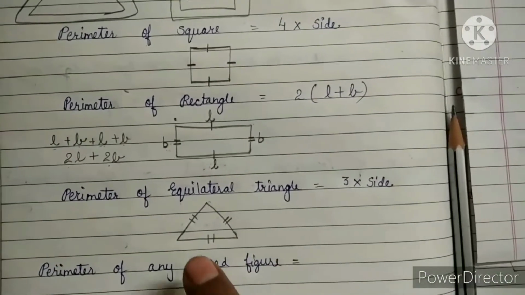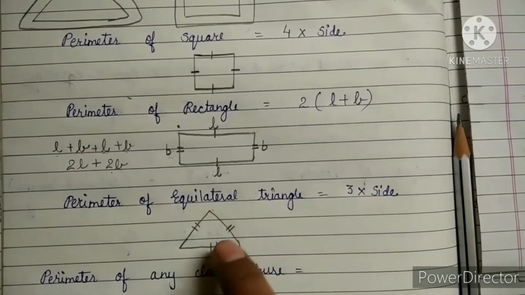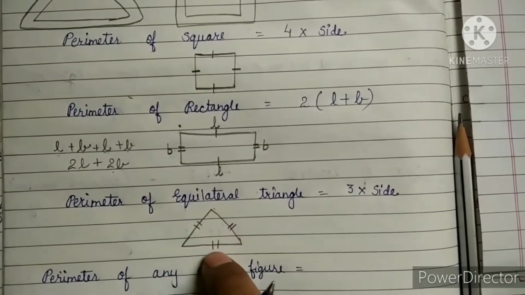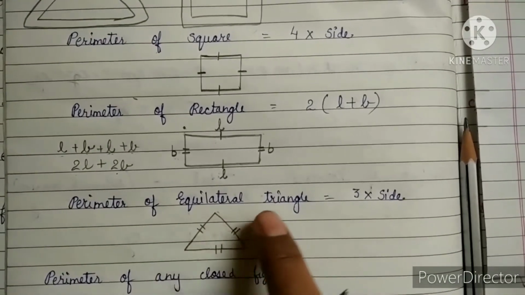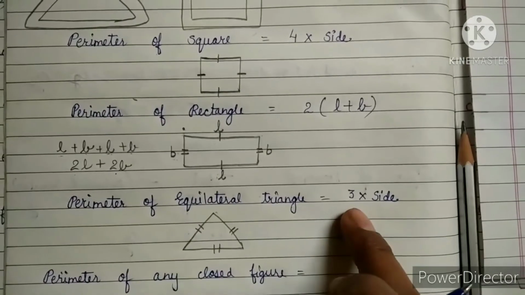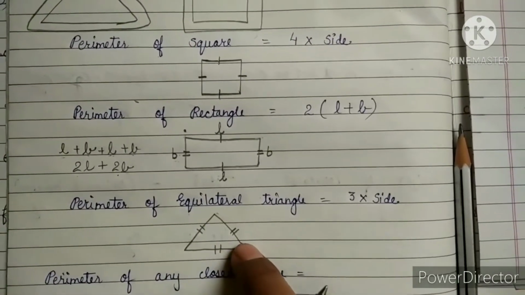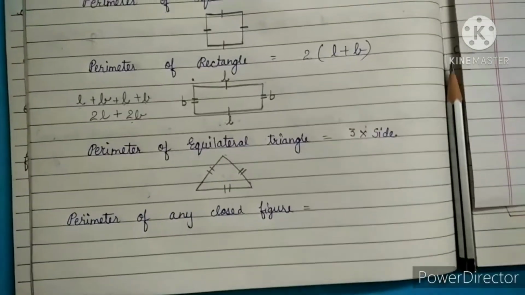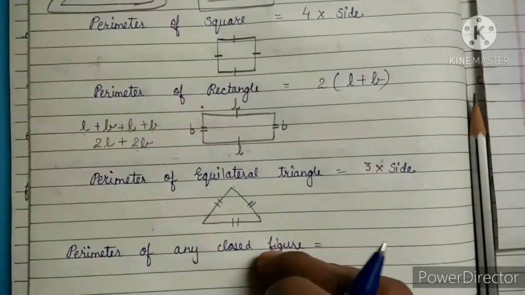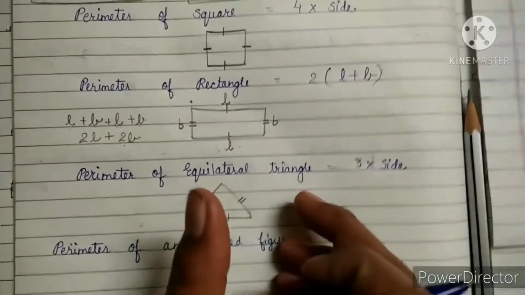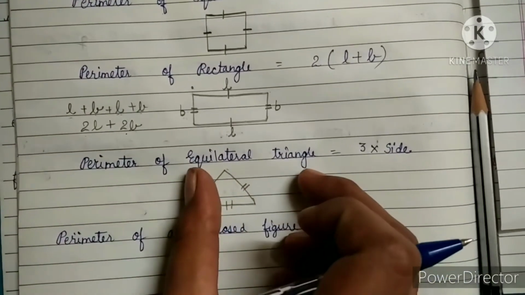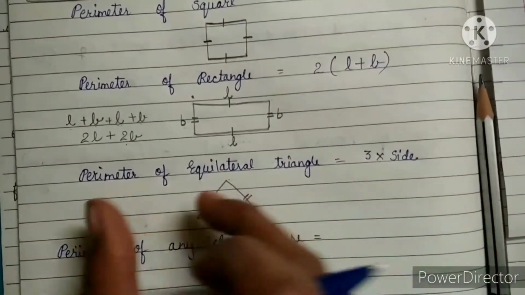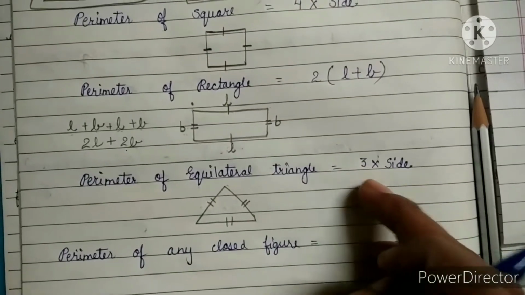Just because an equilateral triangle has all three sides equal, only the equilateral triangle has this perimeter formula. In the case of a scalene triangle and an isosceles triangle, we don't have a formula. Only for an equilateral triangle do we have the formula, which is 3 into side.